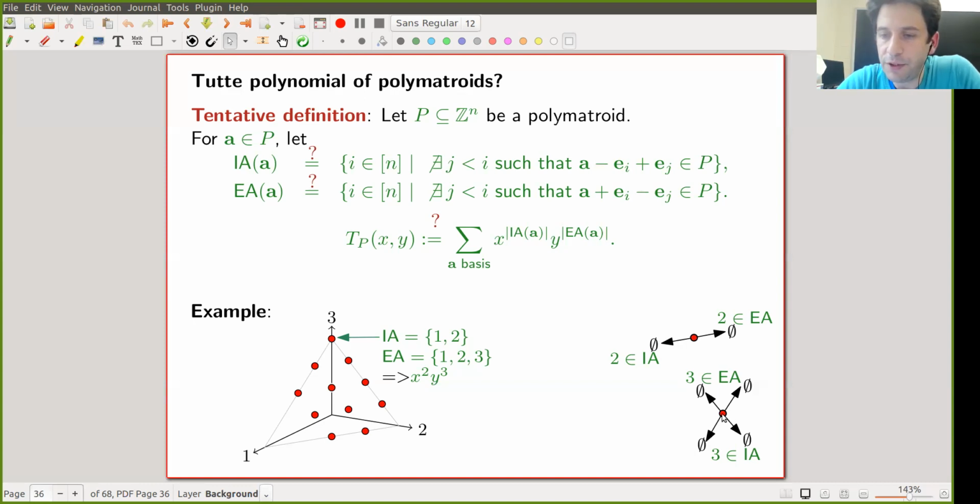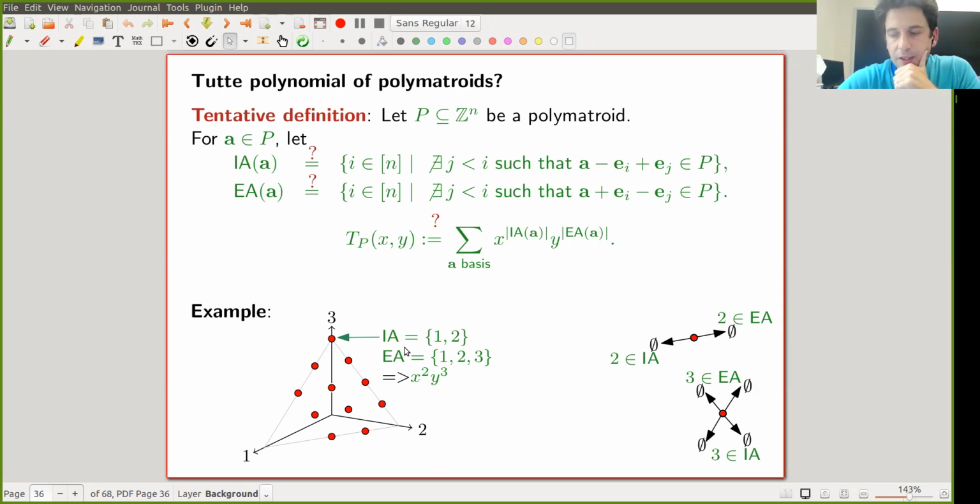For 3 to be internally active, you would need to check that there is nobody in that direction and nobody in that direction. So for instance, for this point, you can check that 1 and 2 are internally active and 1, 2, 3 are externally active.